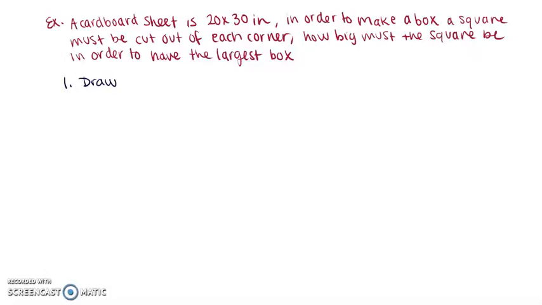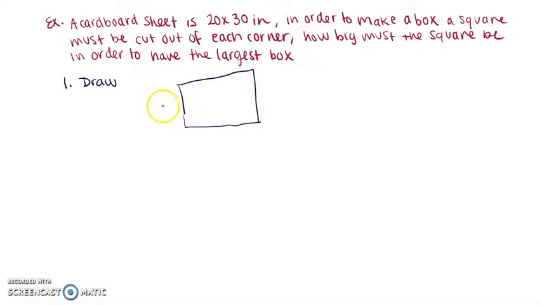So our first step is to draw. This is the most important step because we have to understand how we want to set up the equation and visualize everything in order to understand the problem as best as possible. So a cardboard sheet is 20 by 30. So we're going to draw this cardboard sheet right here.